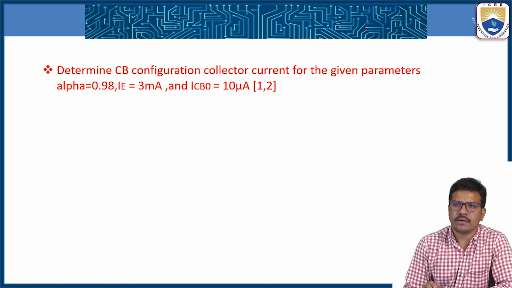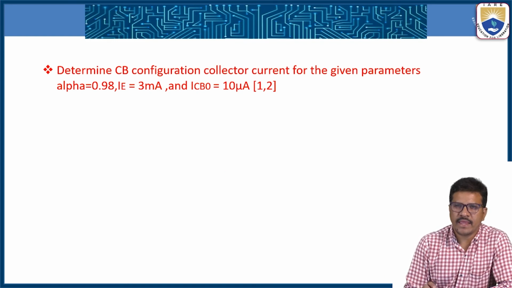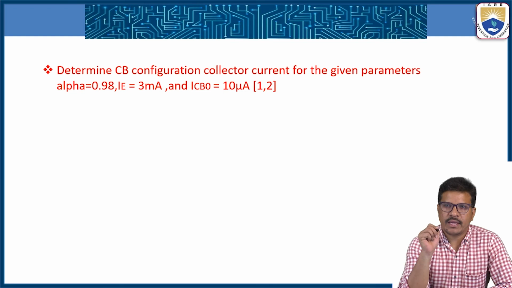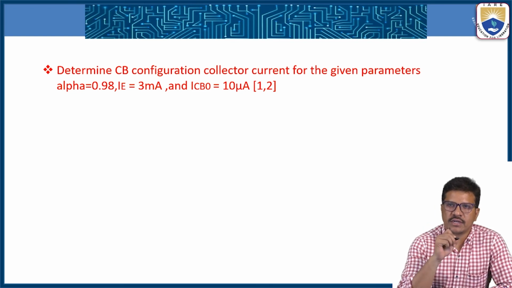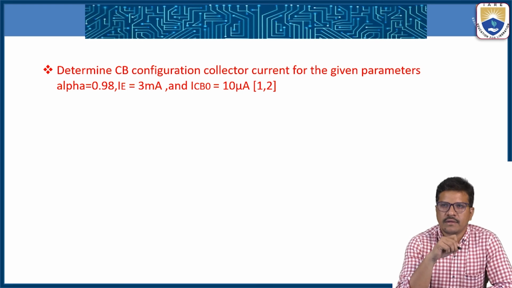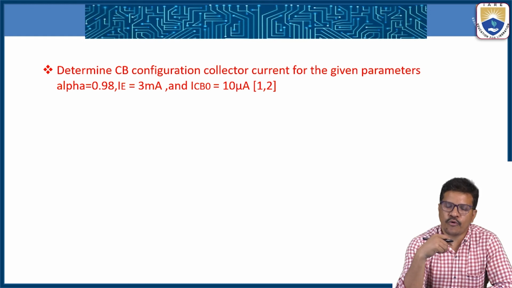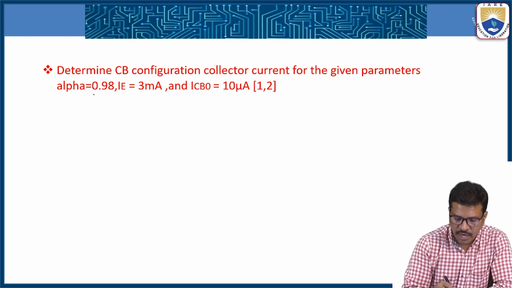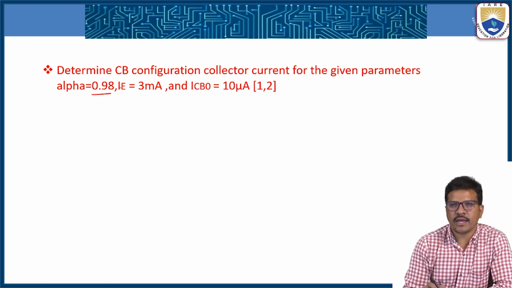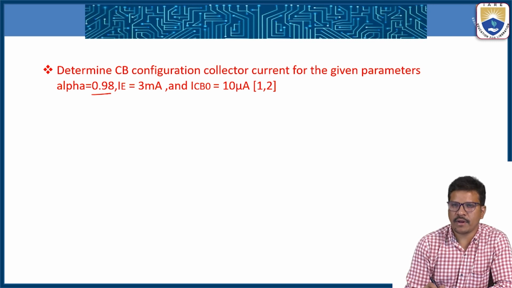And another problem. In this problem, determine the common base configuration collector current. Once again we take those formulas for IC. The given parameters are alpha 0.98, IE 3 milliampere, ICBO 10 microampere.